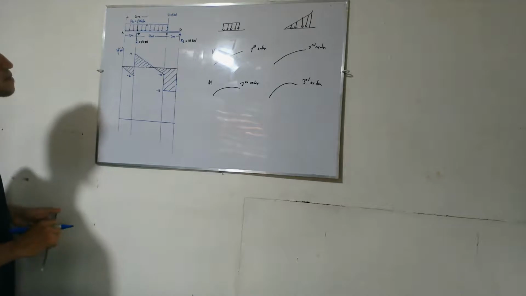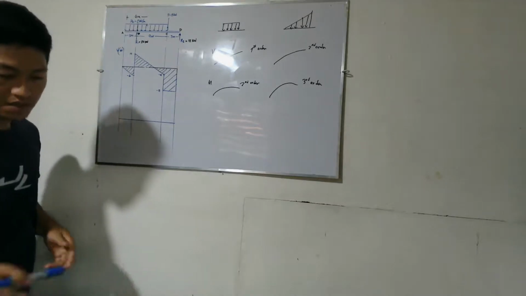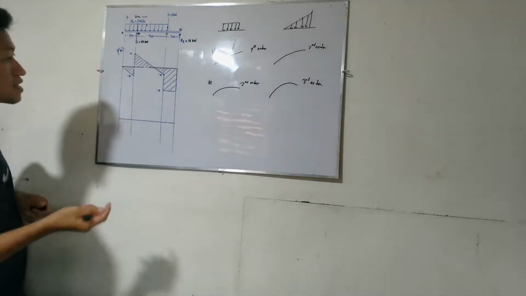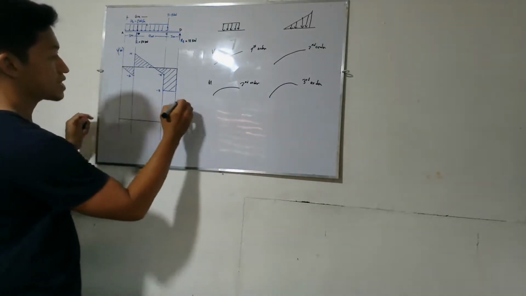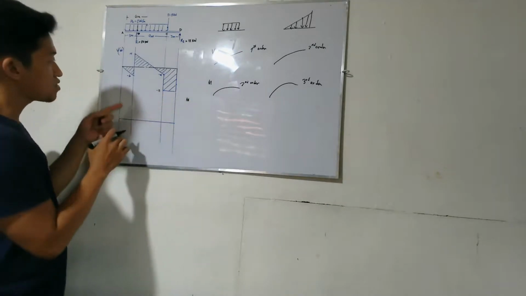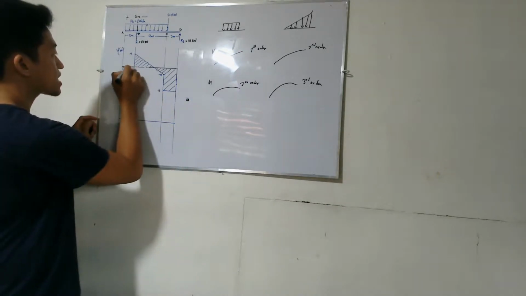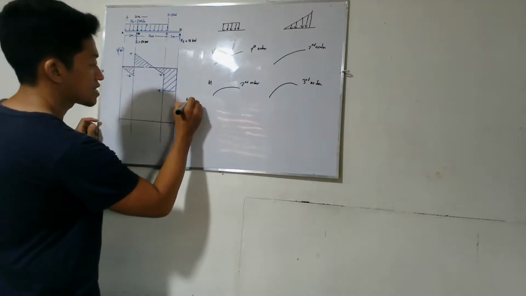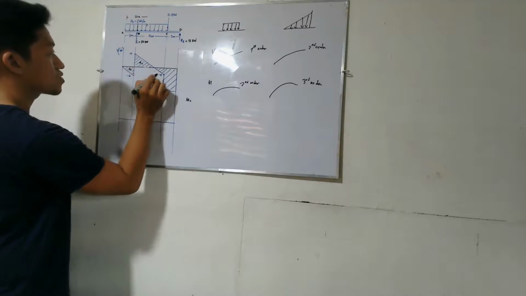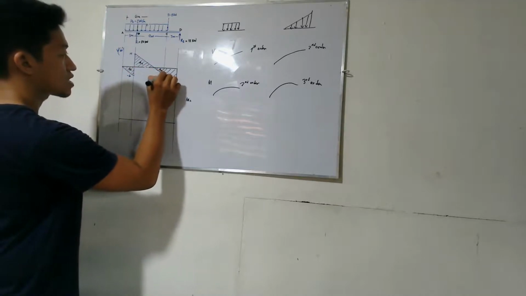Moment diagram. Wala ka itong gamitan. Okay. Sa moment diagram kani, ang moment nimo is just the area ani. Area ani nga kani A1, A2, A3, A4.